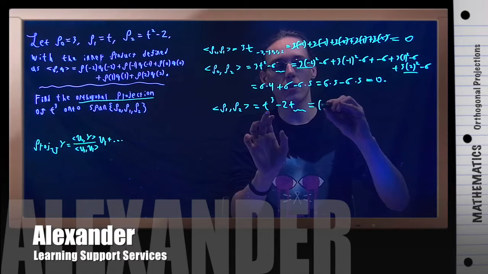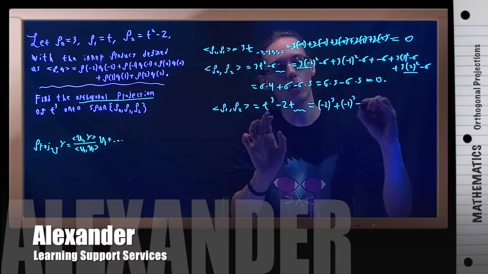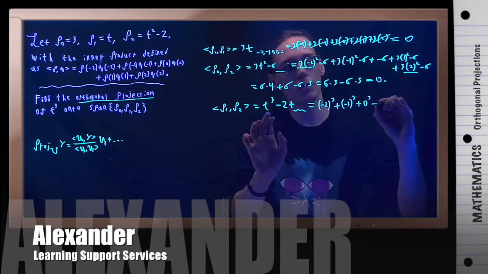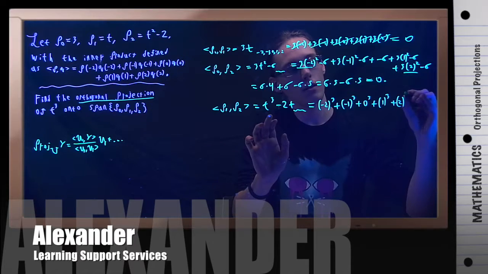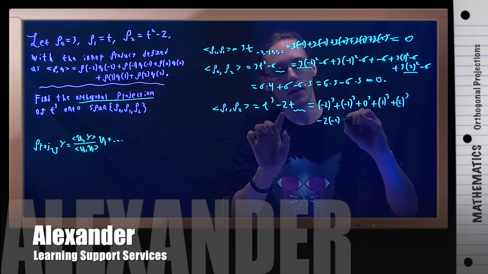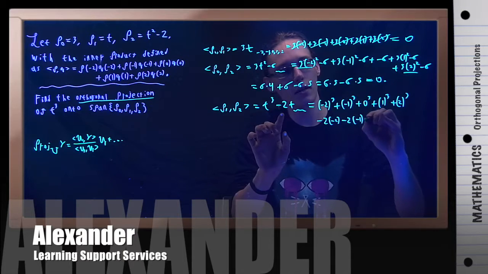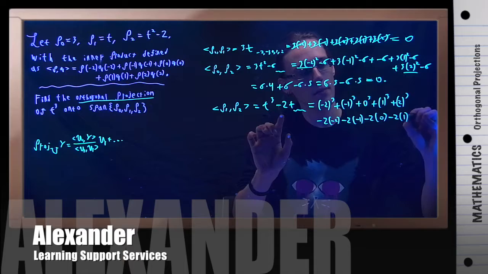So for t cubed, we've got negative 2 cubed plus negative 1 cubed plus 0 cubed plus 1 cubed plus 2 cubed. And then the minus 2t, we've got minus 2 by negative 2, minus 2 by negative 1, minus 2 by 0, minus 2 by 1, minus 2 by 2.